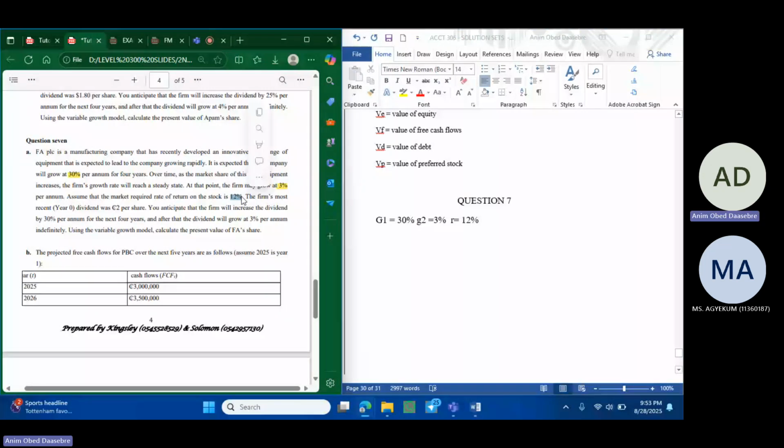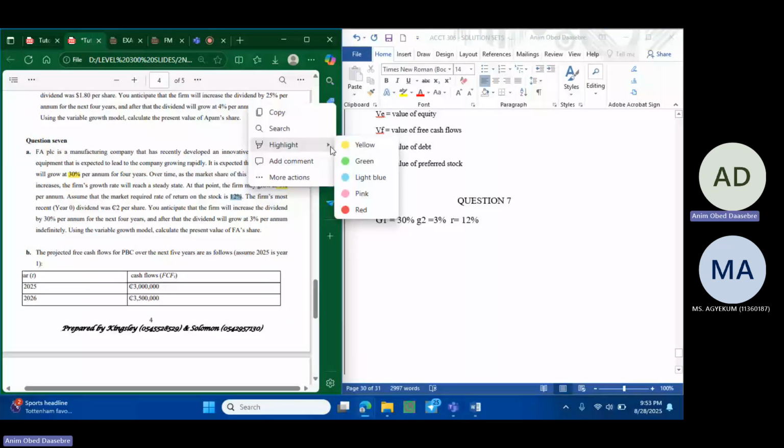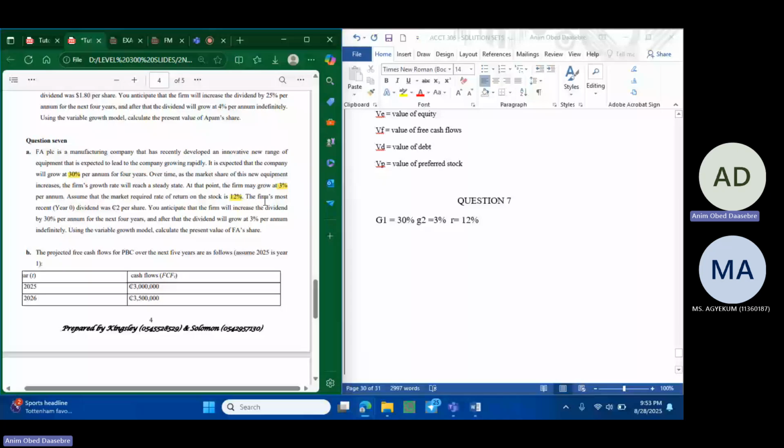The firm's most recent year zero dividend was 2 cedis per share.